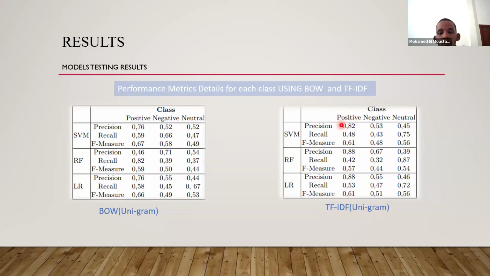We consider that the positive class is also classified with more precision, at 82 percent.